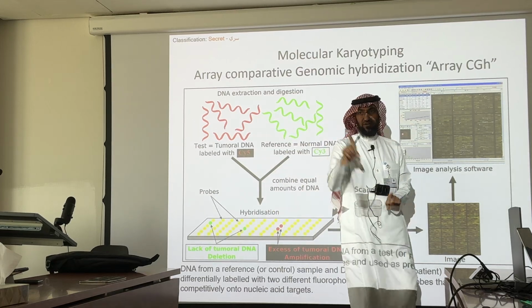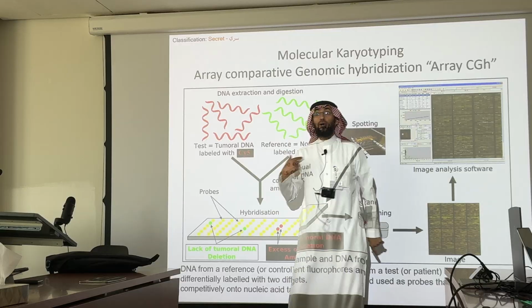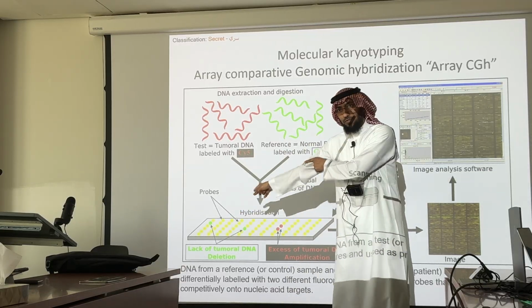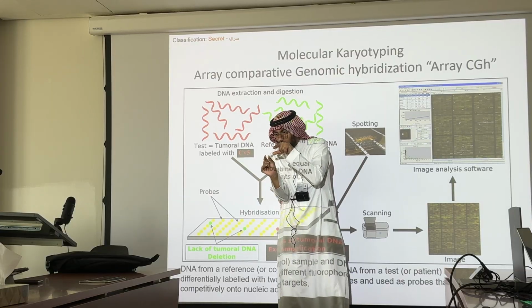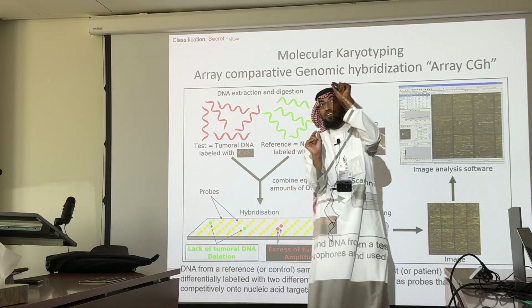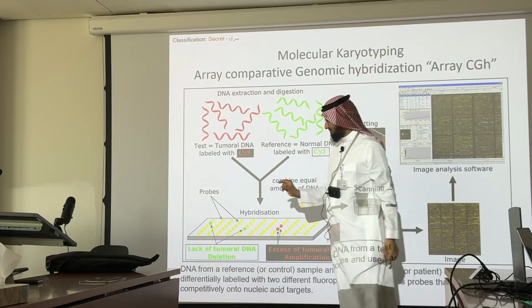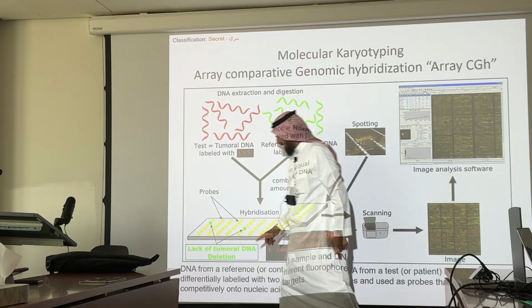Red plus green gives yellow. So this indicates that this segment is present, and the computer knows that this segment reflects that area in our genome. If they hybridize equally, it will be yellow.